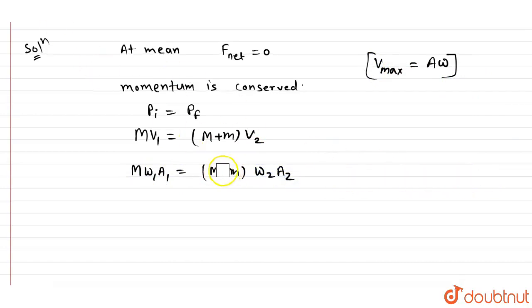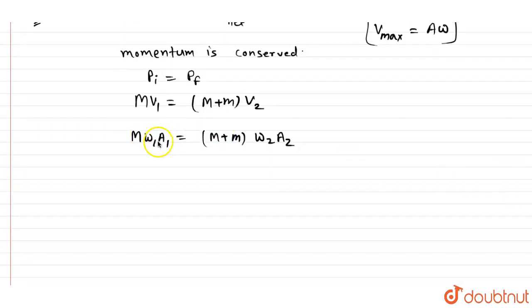So from this we can write omega 2 A2 divided by omega 1 A1 equals capital M by capital M plus small m.